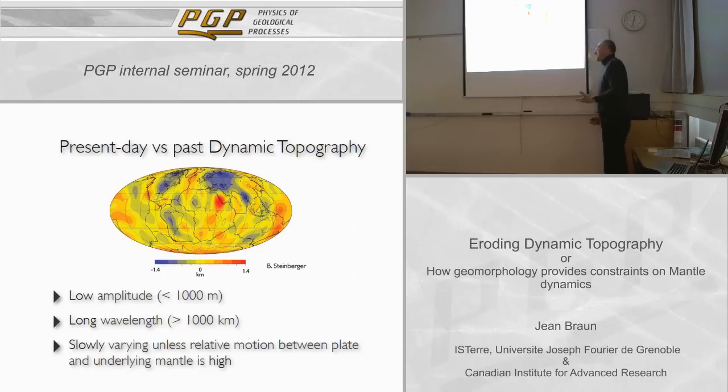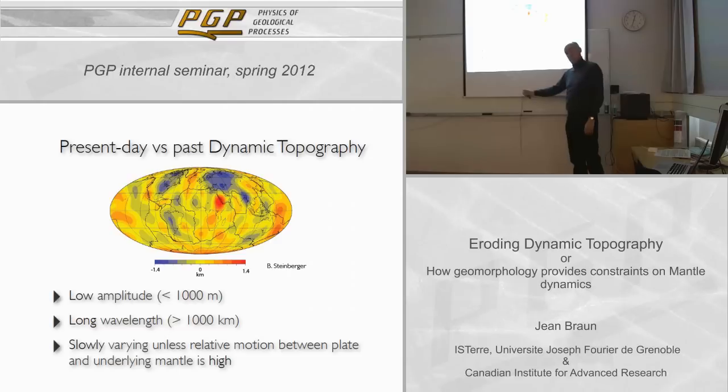Well, he's going to say, we're not used to that kind of topography. The geomorphologist looks at an uplifted shoreline, a mountain belt, a scarp, something that has the dimension of, at most, a tectonic event. So this is very unusual for a geomorphologist. It's very long wavelength, minimum 1,000 kilometers, and it's very low amplitude, less than 1,000 meters.